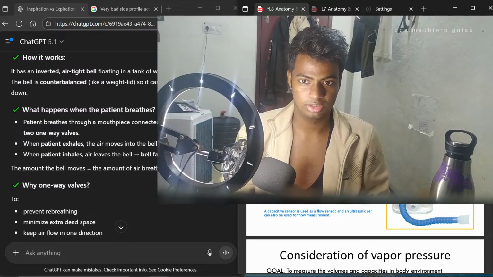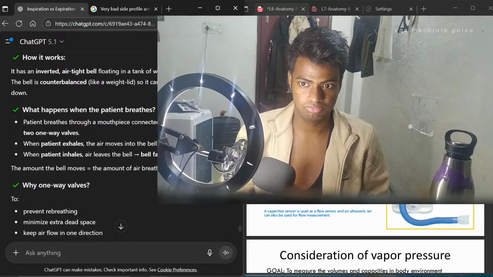When the patient exhales, the air moves into the bell and the bell rises. When the patient inhales, air leaves and the bell falls. The amount the bell moves is the amount of air breathed.